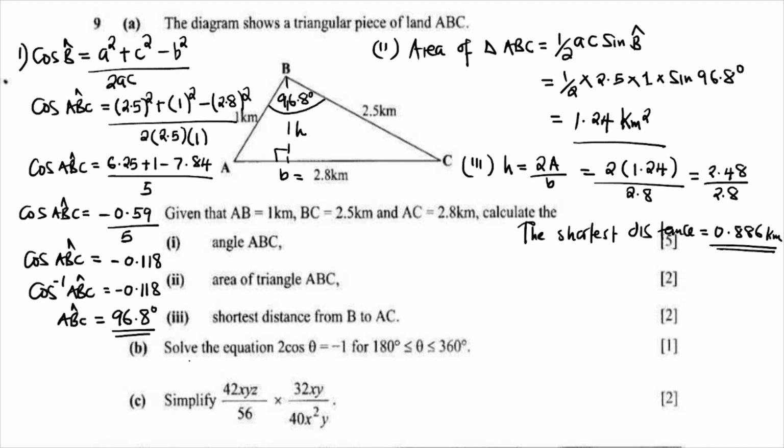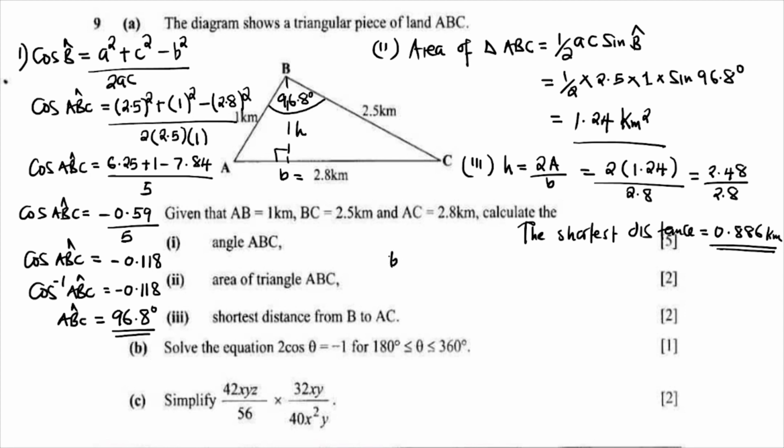Question B is saying solve the equation where you have got 2 cos theta being equal to negative 1, for 180 degrees less than or equal to theta, then less than or equal to 360. So how do we solve that?